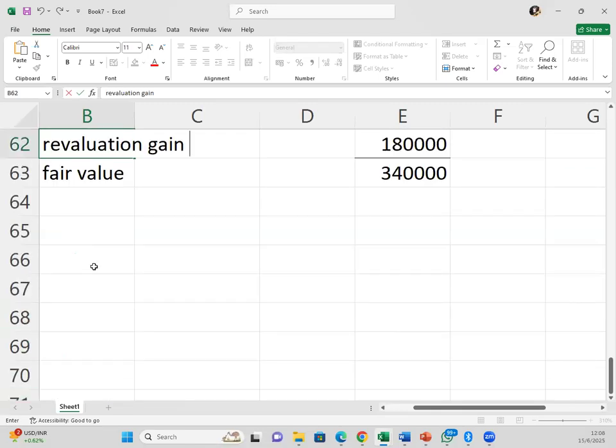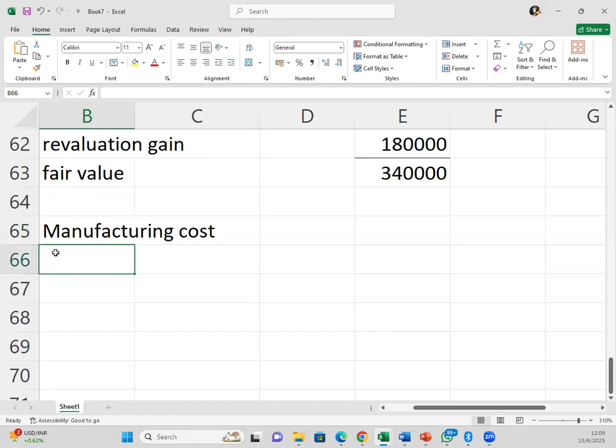This is the same Excel sheet we've been using, right? So manufacturing costs are made up of what? We have the direct costs and the indirect costs or factory overheads.